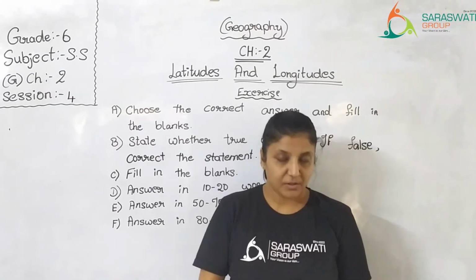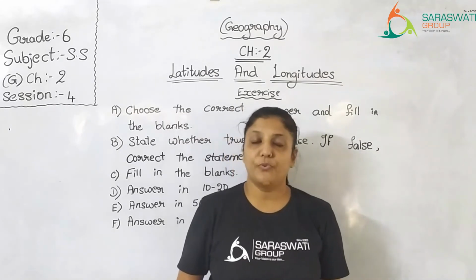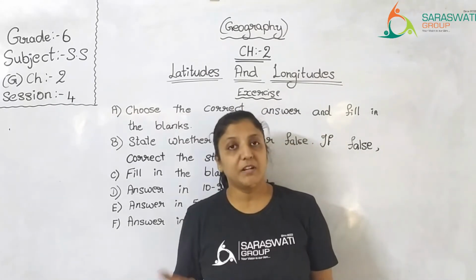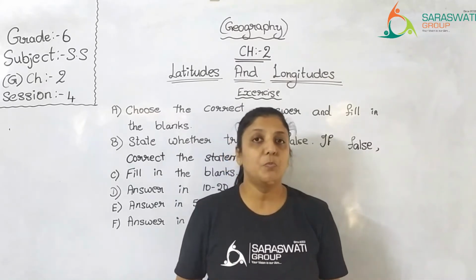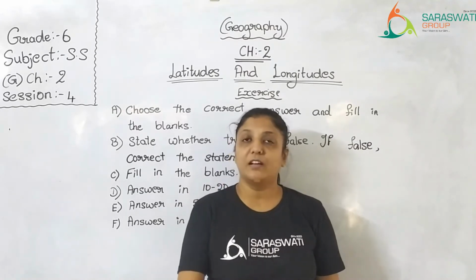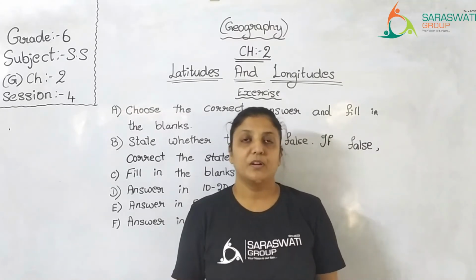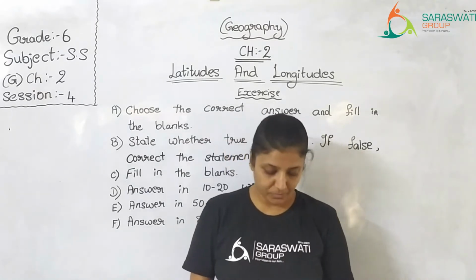Next. Main question B. State if true or false, and if the statement is false, you have to write the correct one. In your CW books as well, if it is false, then you have to write the correct one also. Okay? Let's start.